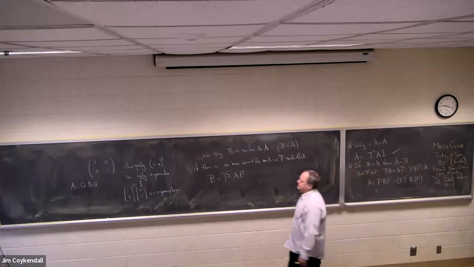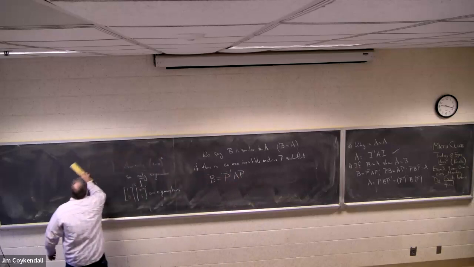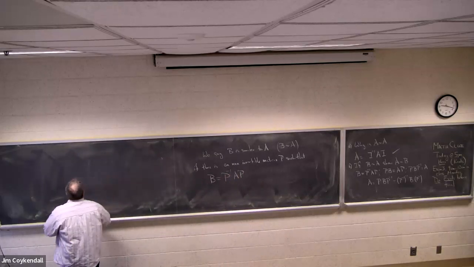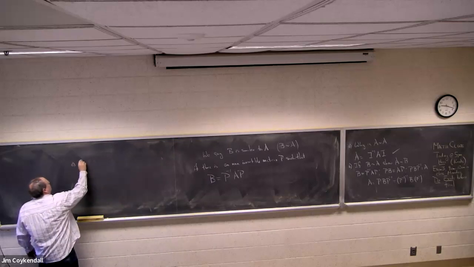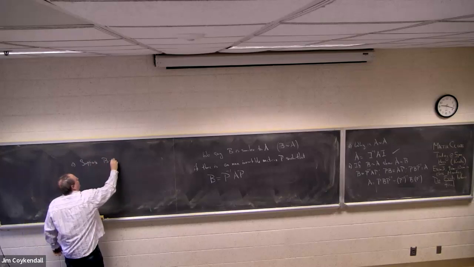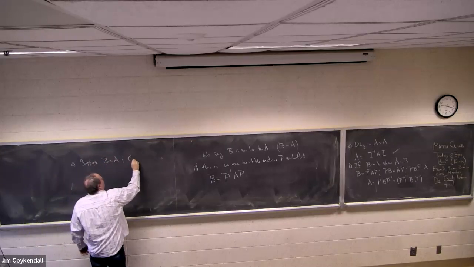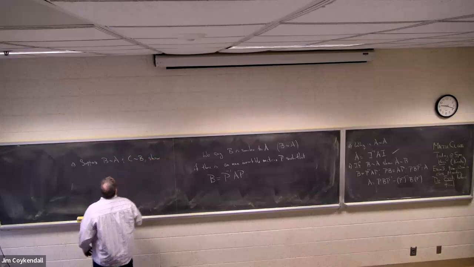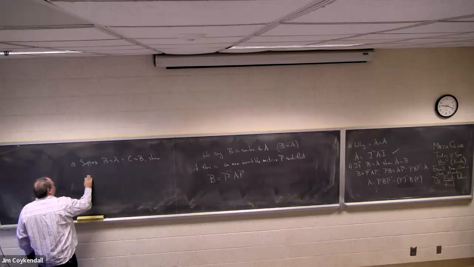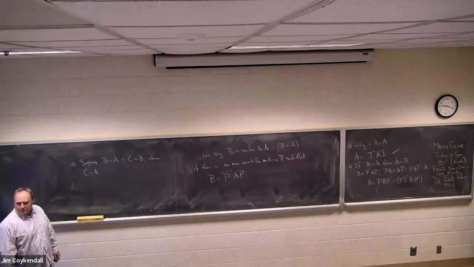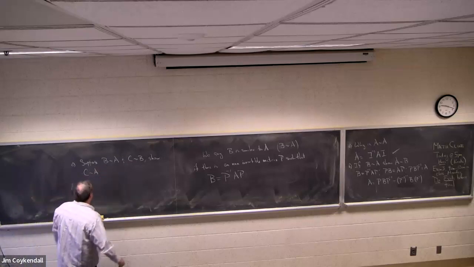And the last thing that I have to do is show that, suppose B is similar to A and C is similar to B, show C is similar to A. Everybody feeling it? So what does this mean?